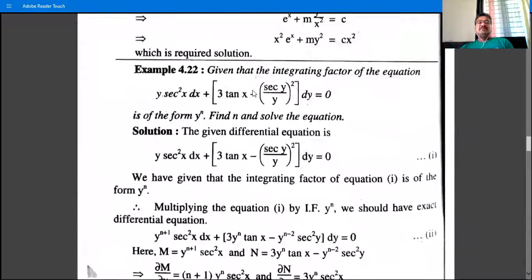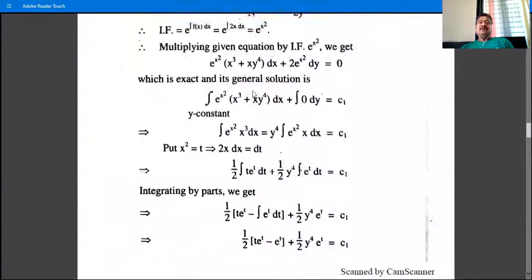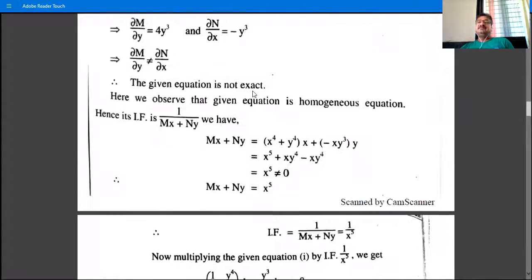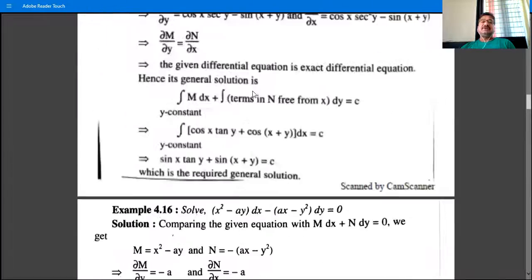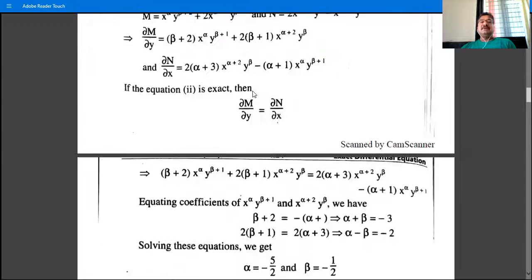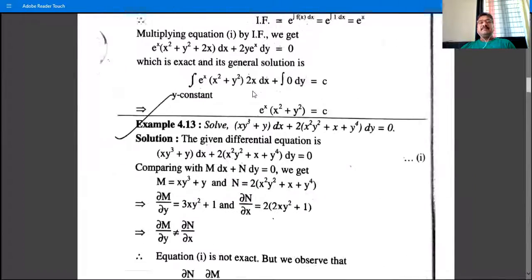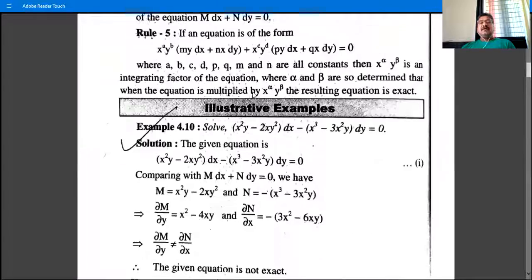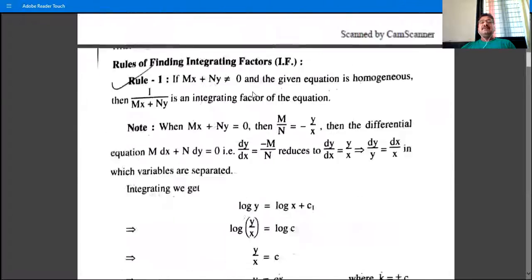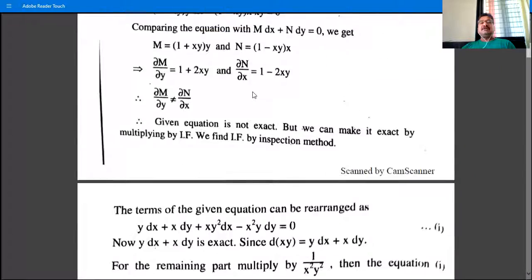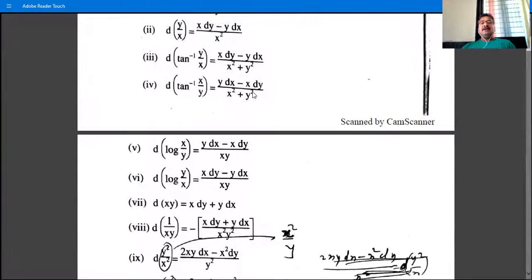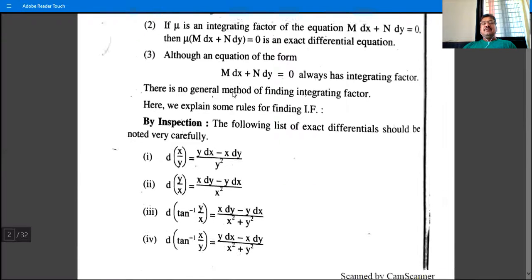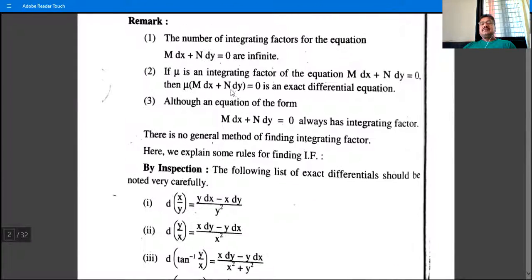All these problems are of that type. This type is a subtype of exact differential equation, the differential equation reducible to the exact differential equation. And how can we reduce the given differential equation to an exact differential equation? By multiplying by the integrating factor, we reduce the given differential equation to an exact differential equation.